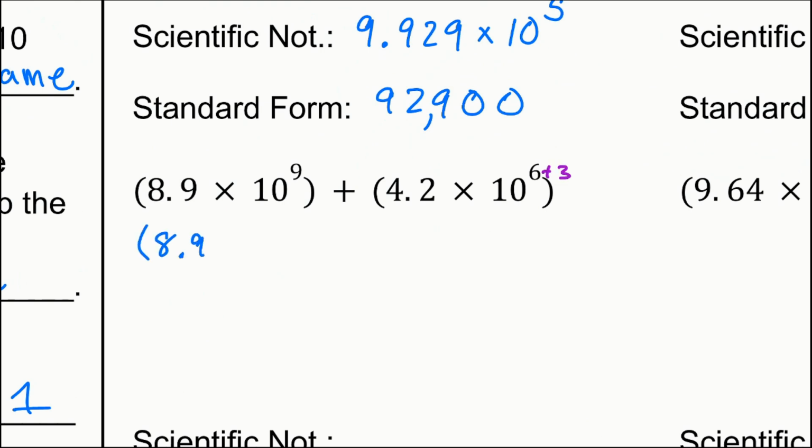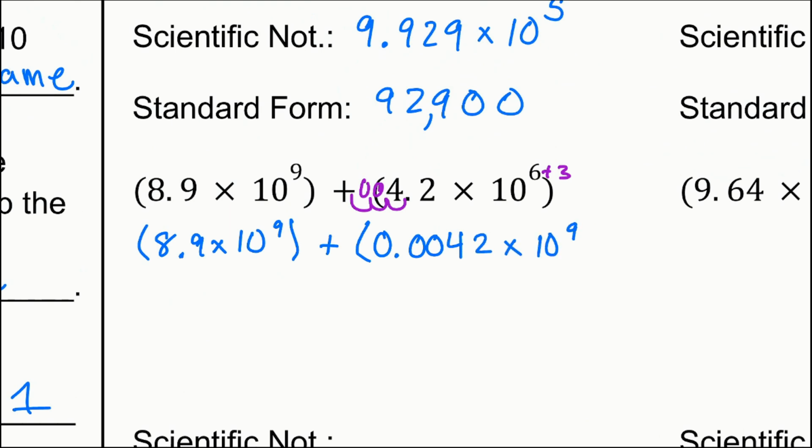So 8.9 times 10 to the ninth plus, since I increased by 3, I'm going to decrease by 3 here. So this will be 0.0042 times 10 to the ninth. Again, add your front numbers.